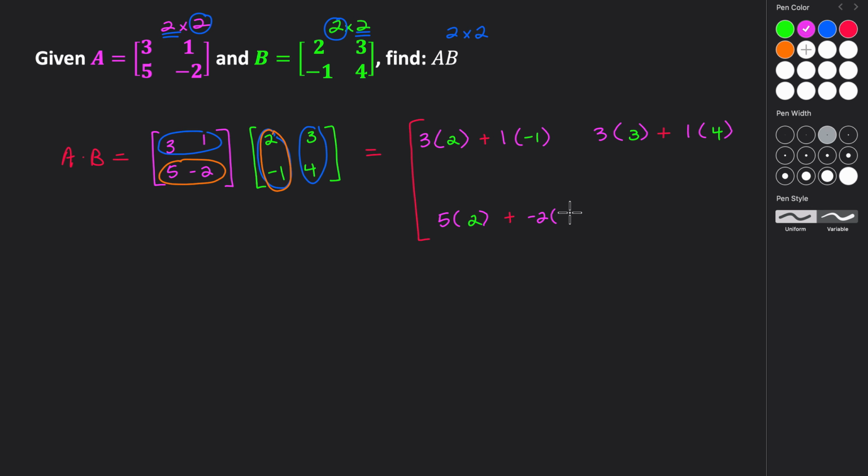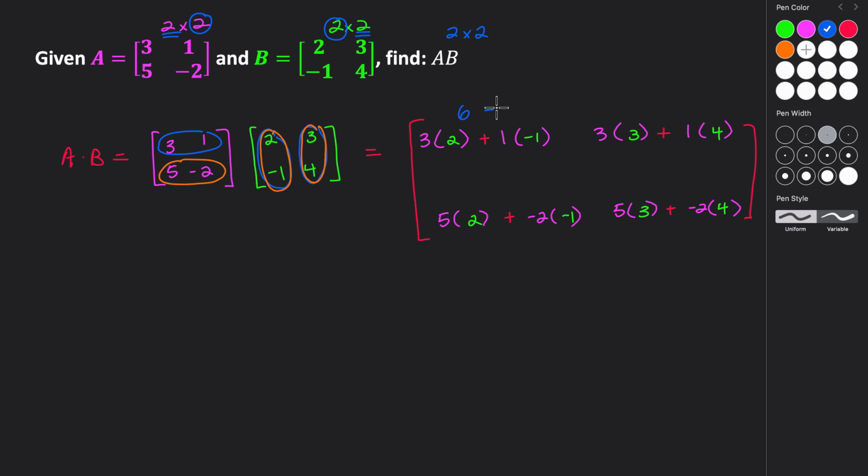Then we take our second row times our second column to get our last entry: 5 times 3 plus negative 2 times 4. And now we just go through and simplify all of these, and that will give us our new matrix.